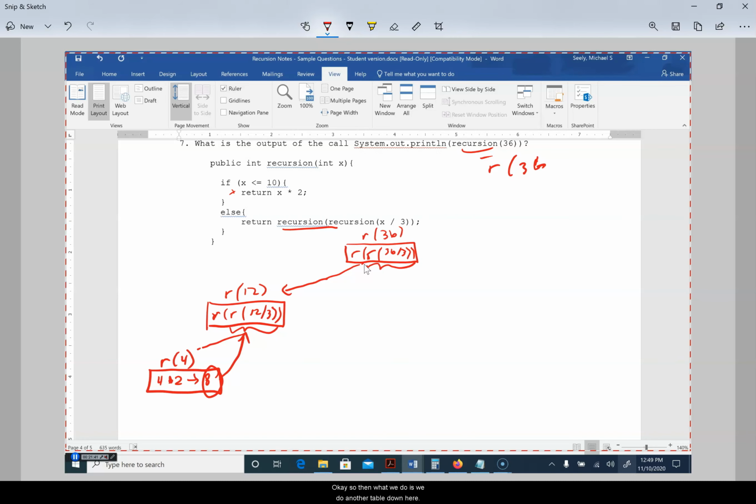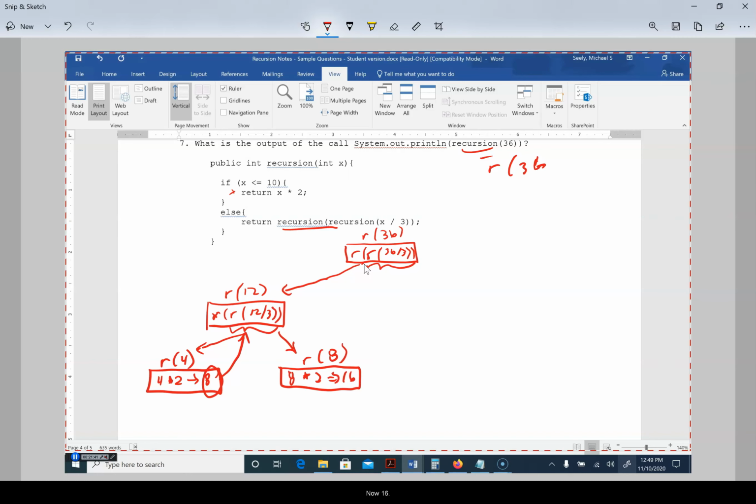So then what we do is we do another table down here, and we have R8, okay? Because it's this base case right here becomes R, and then this whole thing is 8. So then is 8 less than or equal to 10? Yes, so you get 8 times 2 is 16, okay?